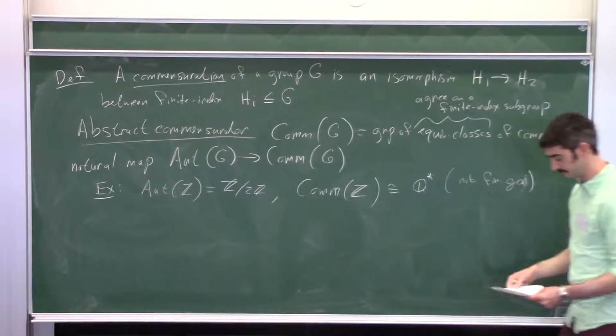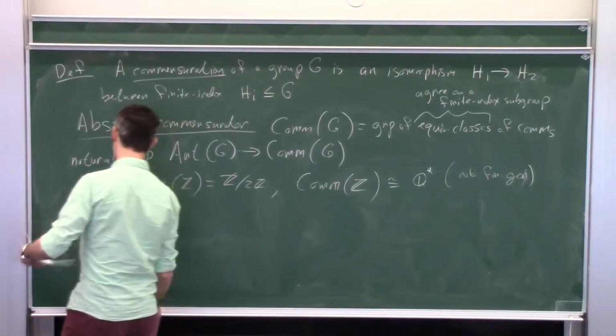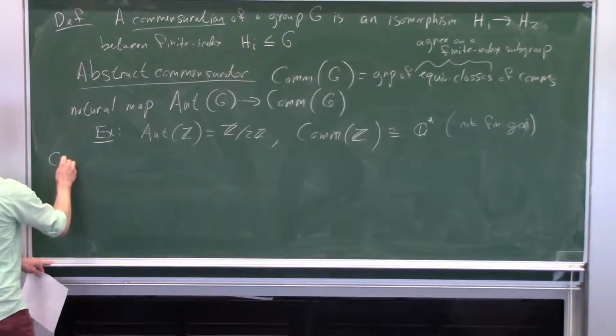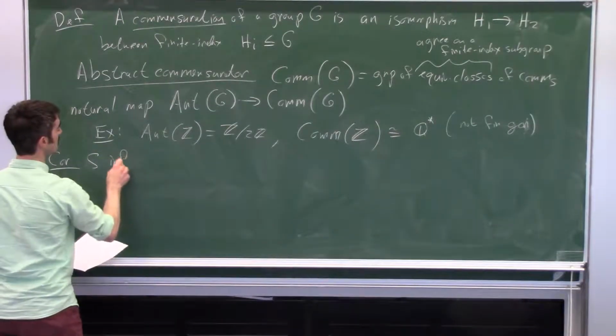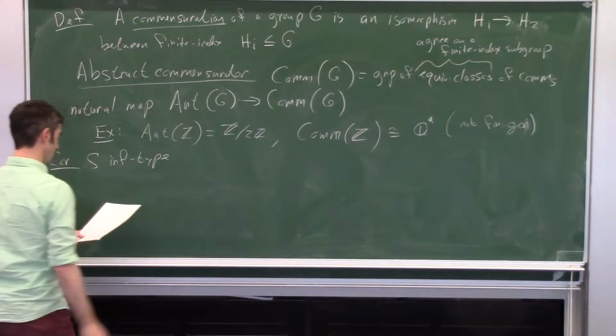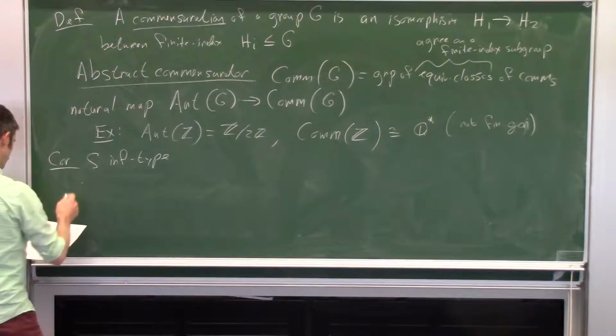Okay, so the abstract commensurator of the big mapping class group we get as a corollary to this theorem. So if S is infinite type, then let me just mention two things.